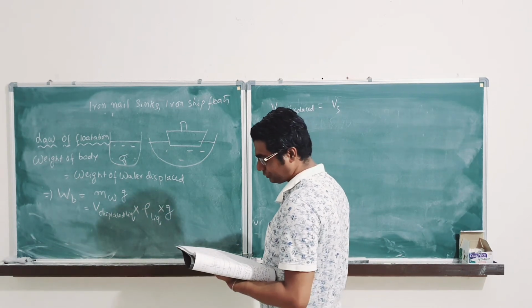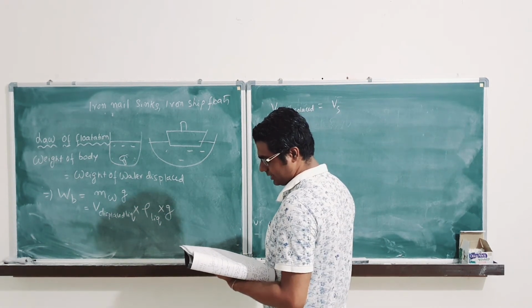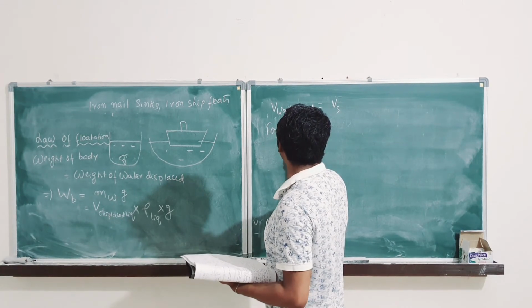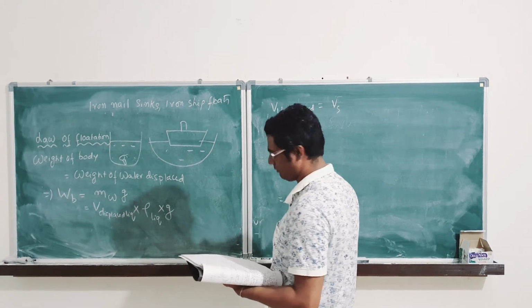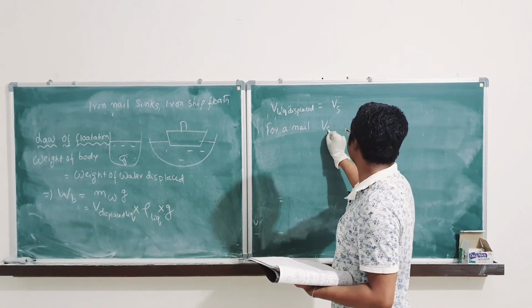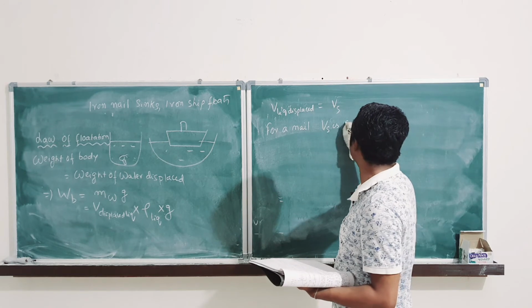So in this case, for a nail, you can write Vs is very small. Vs is actually the total volume is small.